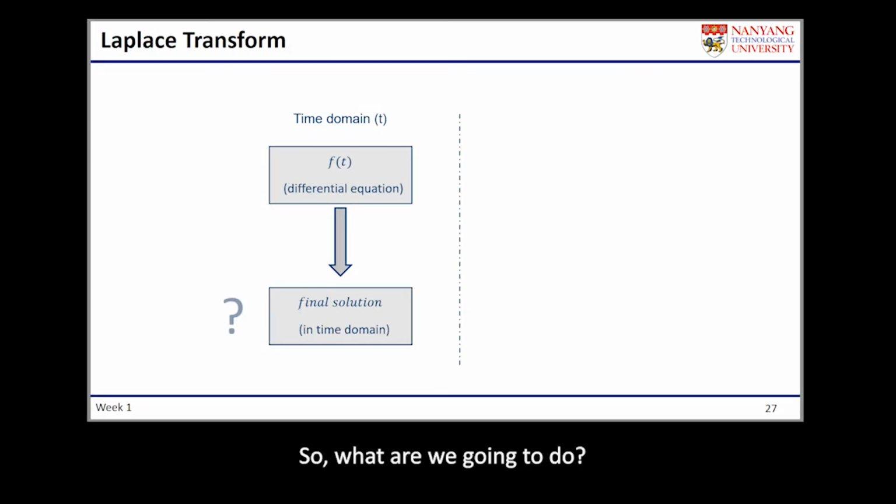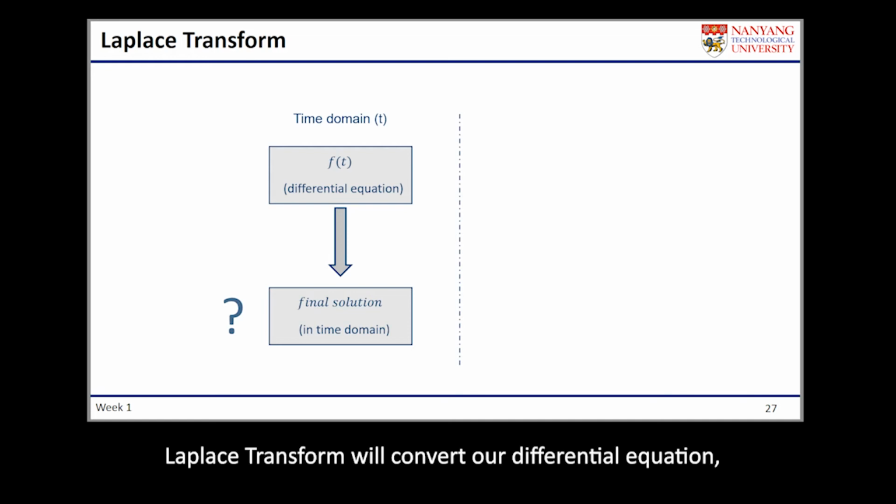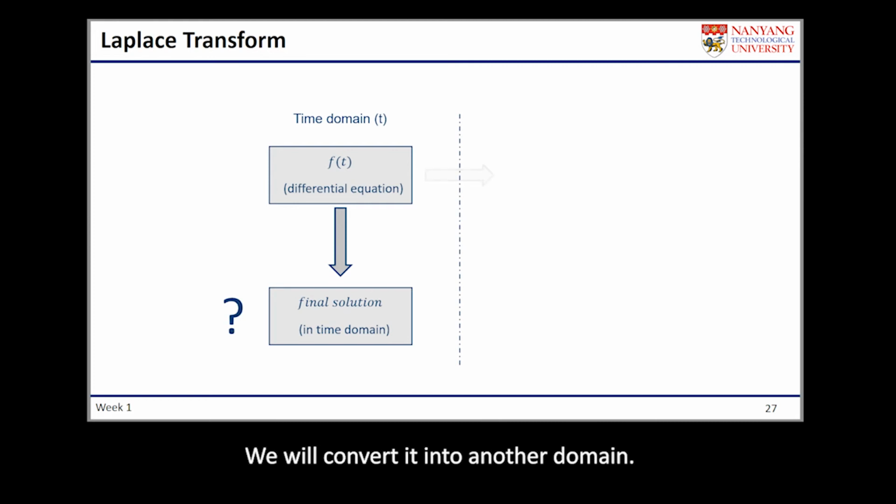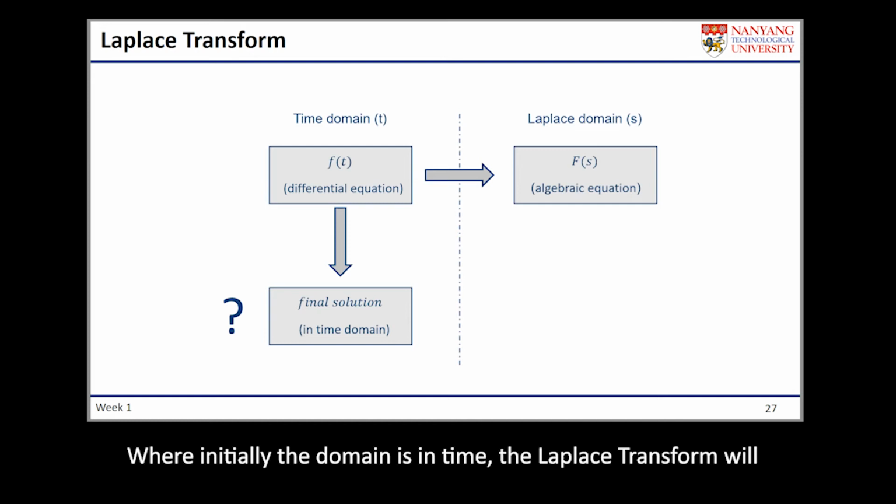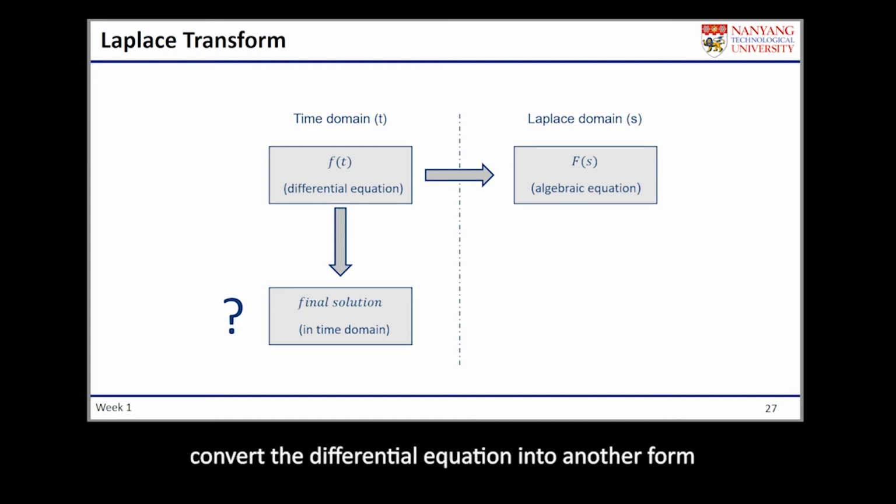So what we are going to do, Laplace transform will convert our differential equation, the problem that we want to solve, into another form. We will convert it into another domain, where initially the domain is in time. The Laplace transform will convert the differential equation into another form in the domain of Laplace.